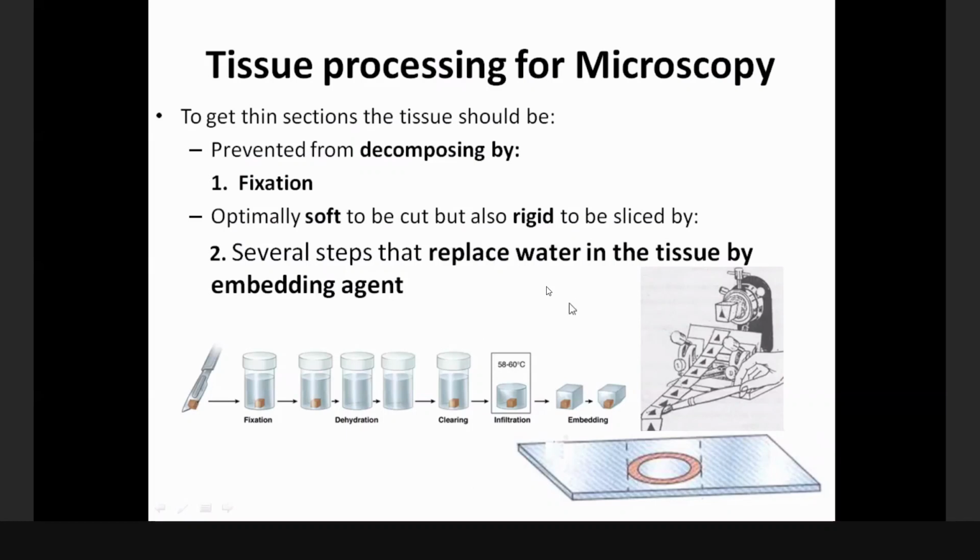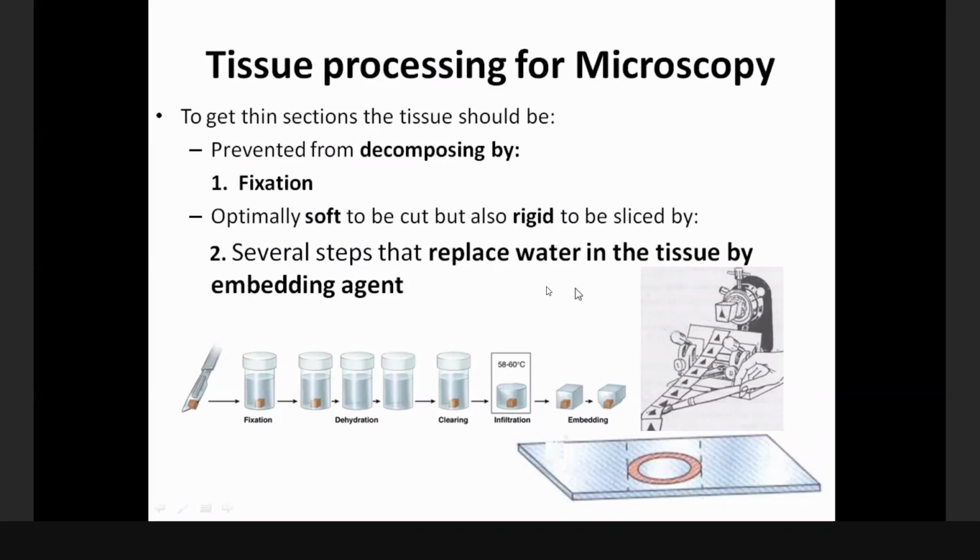So in this type of process, as I said earlier, we have to replace what is present in our tissue by other agents. The agent we use includes paraffin wax. Paraffin wax is just nothing like a candle.